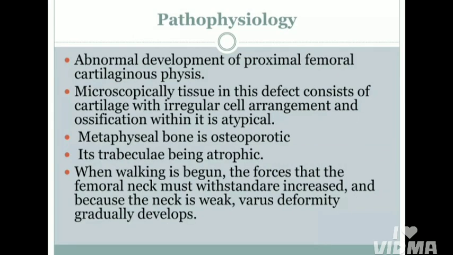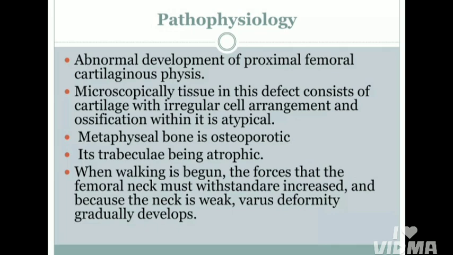Next we can see the pathophysiology. Abnormal development of the proximal femoral cartilaginous physis. Microscopically, tissue in this defect consists of cartilage with irregular cell arrangement, and ossification within it is atypical.